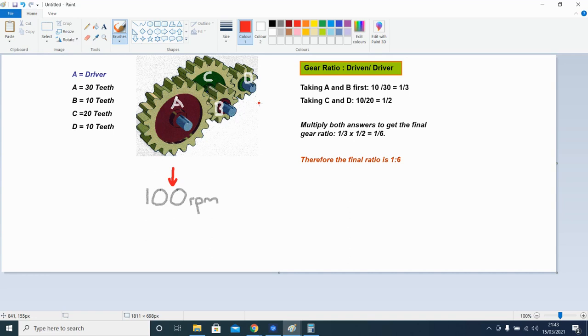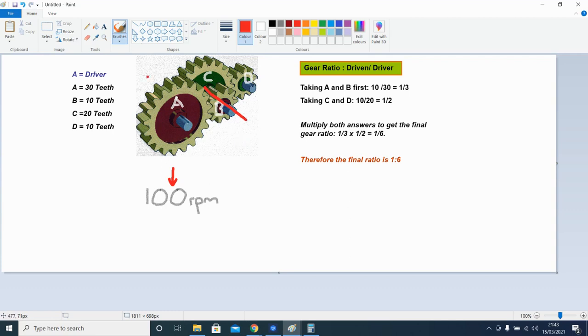So, we need to look at it simply first, just to make sure that we know our input and output ratios. So we can see there's four gears. We have three axles. So that means two of the gears here are on the same axle. So these ones here are running on this axle here.